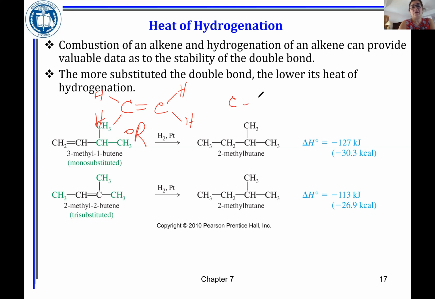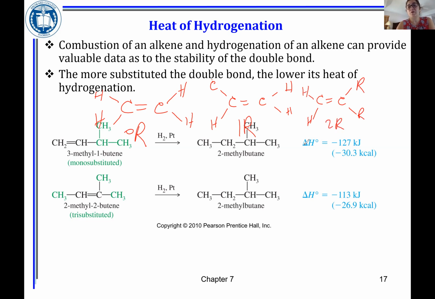If you have 3 hydrogens attached and 1 R group, 1 carbon and 3 hydrogens, this is 1R. If you have a carbon-carbon double bond with 2 R groups and 2 hydrogens, this is a 2R.